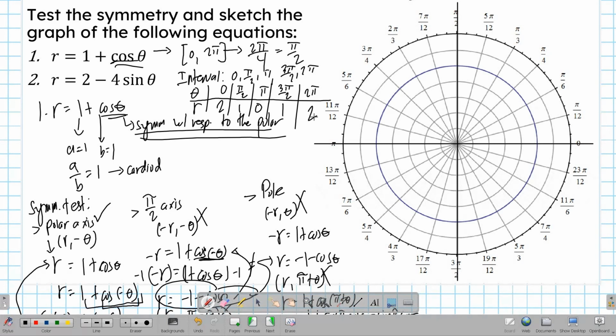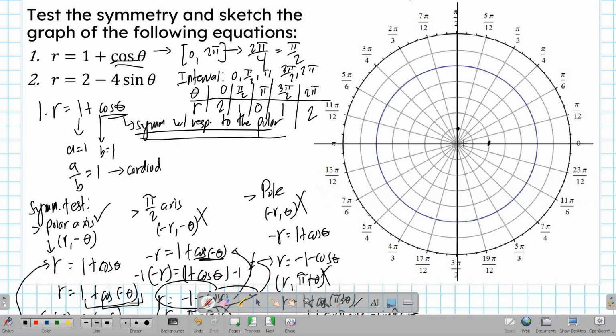So if we plot these points, r is 2 but theta is 0, that would be here. That is the point (2, 0). Radius of 1 but theta is pi over 2, it's here.